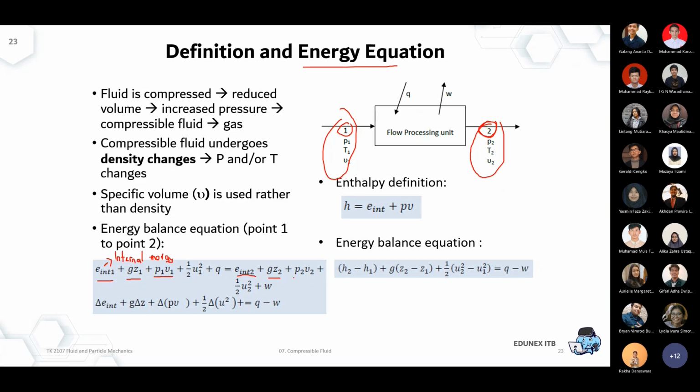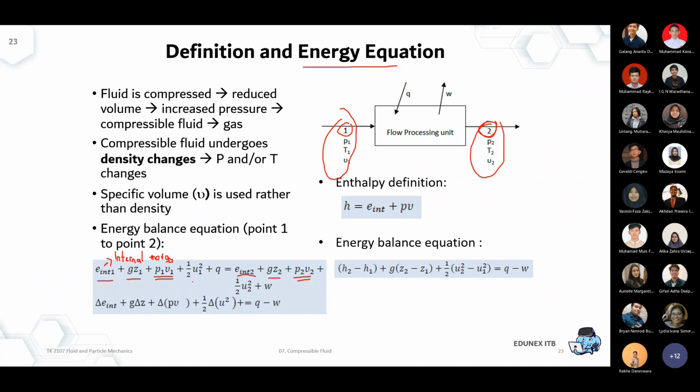Obviously, this is the most important one. If you need to increase the pressure from P1 to P2, the consequence will be that V1 will be bigger than V2, then you can provide the energy from the compressor.